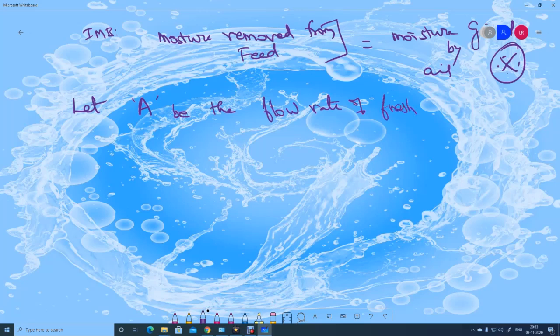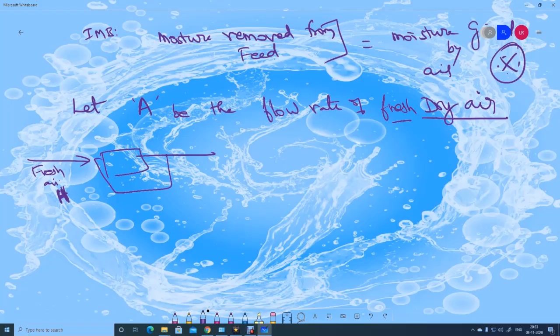Let A be the flow rate of fresh dry air. Then what is the moisture gained? Remember, fresh air is entering. Okay, it has an initial moisture, humidity is given. It has absolute humidity, and we have a system. Forget about what is happening inside. Overall, what is happening?